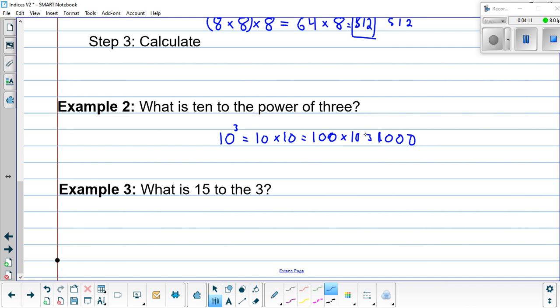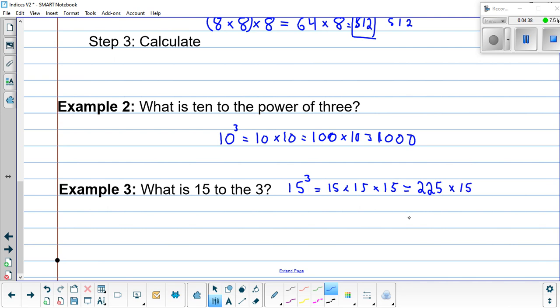And lastly, 15 to the 3. I can write 15 to the 3 like that. Then 15 times 15 times 15 is a little bit harder to do. I know that 15 times 15 is 225, because that's a perfect square. And then I'm going to times that by 15.